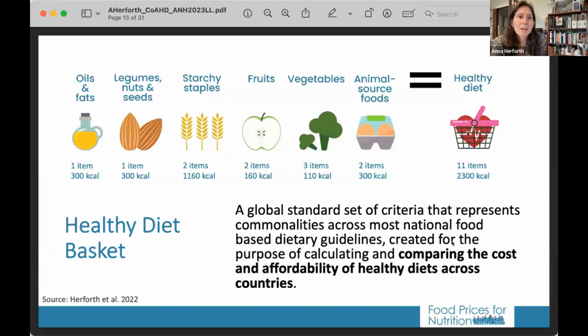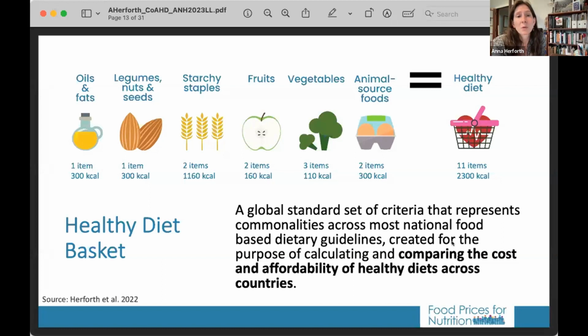So we choose one item in oils and fats for 300 calories, another 300 calories of legumes, nuts, and seeds in one item, 2 items for starchy staples, 1,160 calories, and 2 fruits, 3 vegetables to satisfy diversity that's often recommended across fruits and vegetables, with the standard calorie amounts listed there, and then 2 animal source foods.